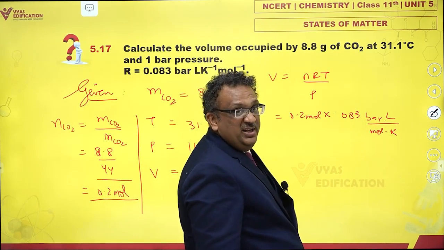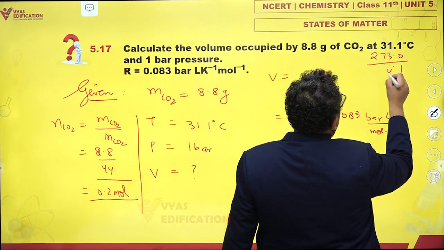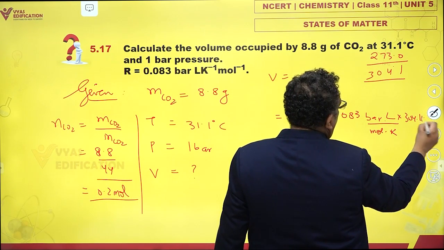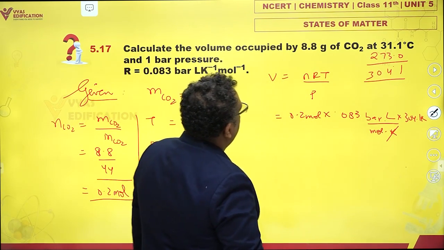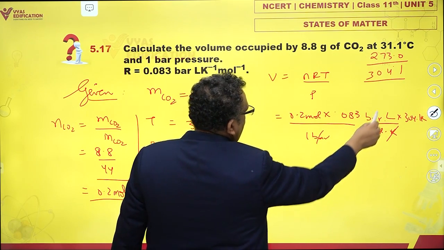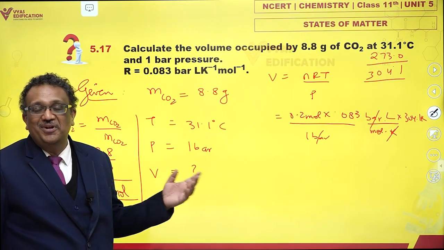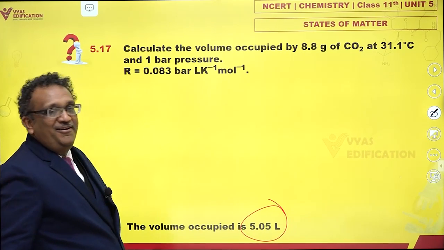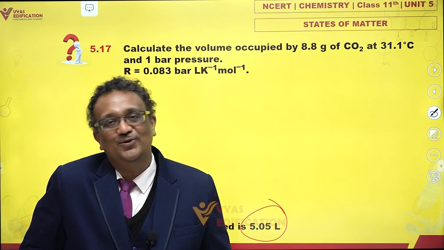Temperature is 31.1 degrees Celsius plus 273, 304.1 Kelvin. And by pressure P, how much is pressure? 1 bar. The simple, nice, sweet, happy multiplication has to be done. And once you do that, you get the volume which is occupied is 5.05 liters. That would be the volume of CO2.